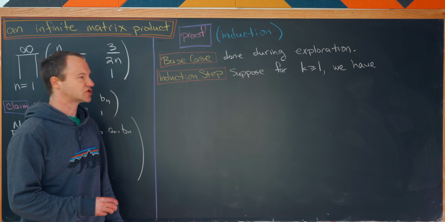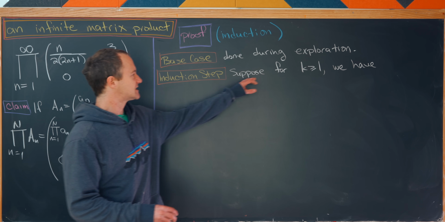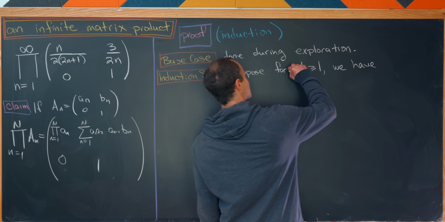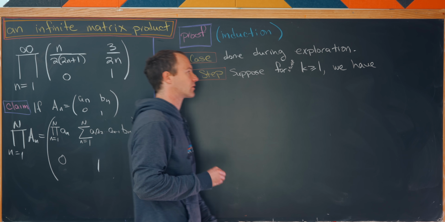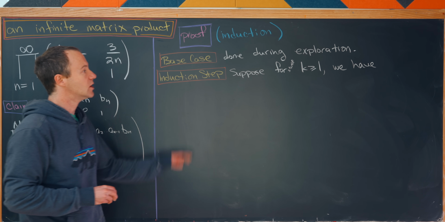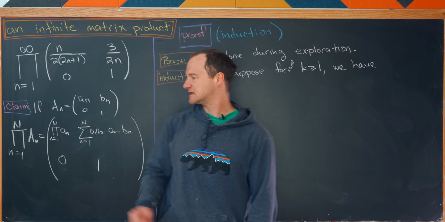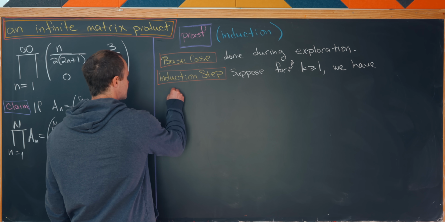Now let's do an induction step, which starts with the induction hypothesis. So let's suppose for some k bigger than or equal to 1, and let's illustrate this is for some k, not for all k bigger than or equal to 1, the statement holds. So that means this holds where capital N is equal to k. I'll write that down.